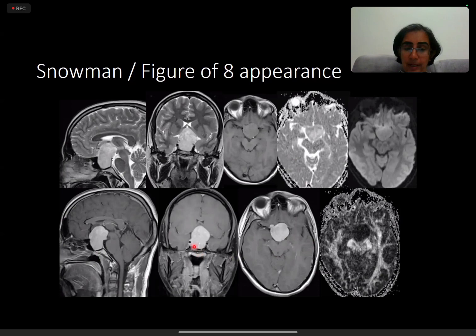So this is a snowman appearance or figure of eight appearance with pituitary macroadenoma. What is the role of doing diffusion weighted imaging and diffusion tensor imaging in these patients?